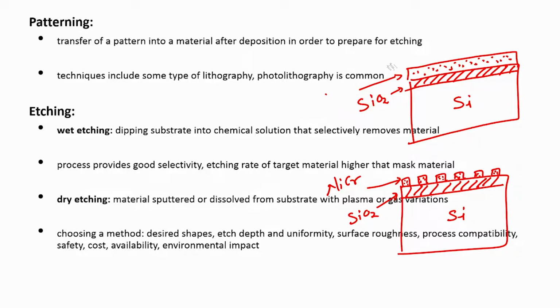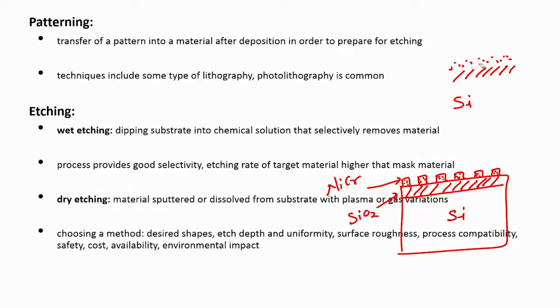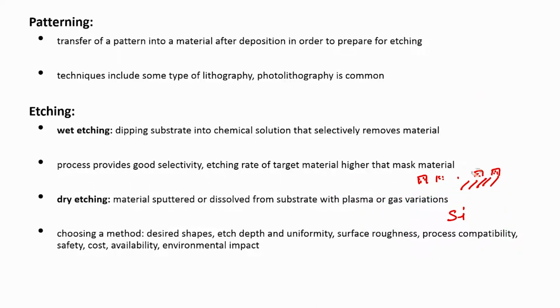Lithography comes from the words litho and graphic, which means to carve from a single stone. Now we will see how the photons or the UV, ultraviolet light, is used to pattern different materials onto the substrate.